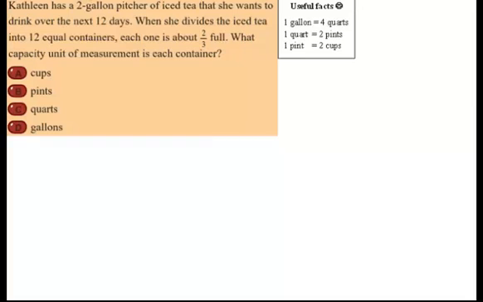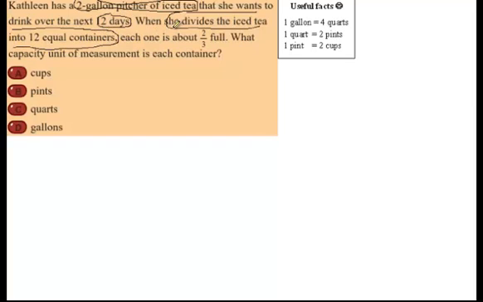Okay, so first up, she's got a lot of iced tea, 2 gallons of it. It's a lot to drink, but she wants to do it over 12 days, and it says she's going to divide the iced tea into 12 equal containers.